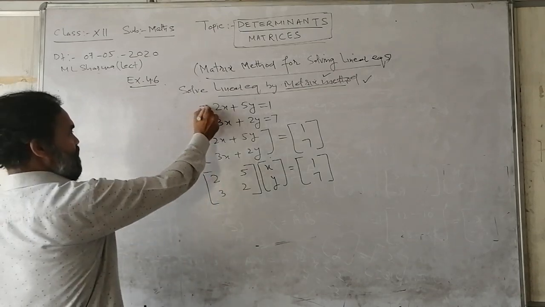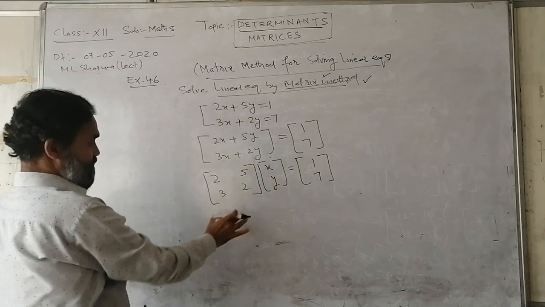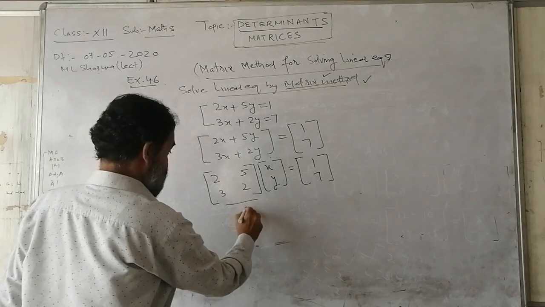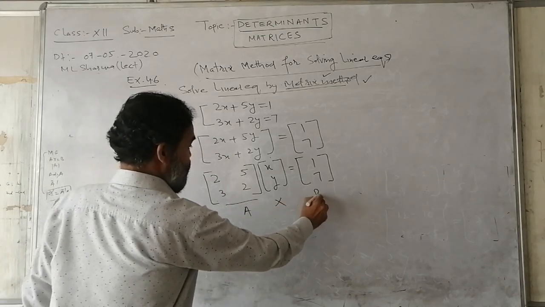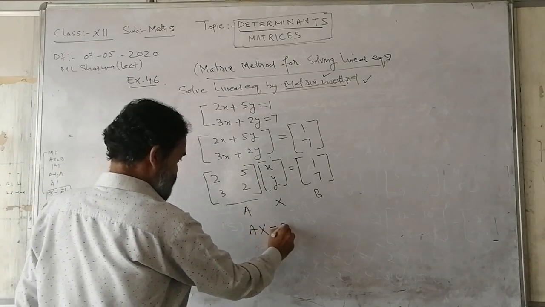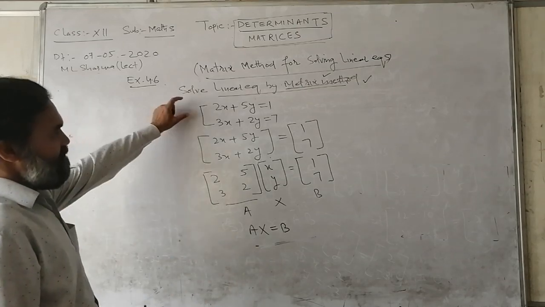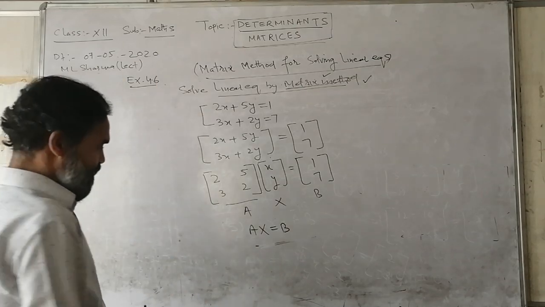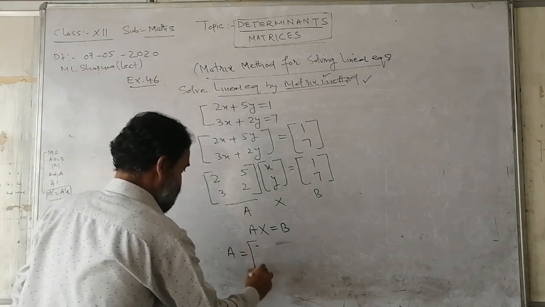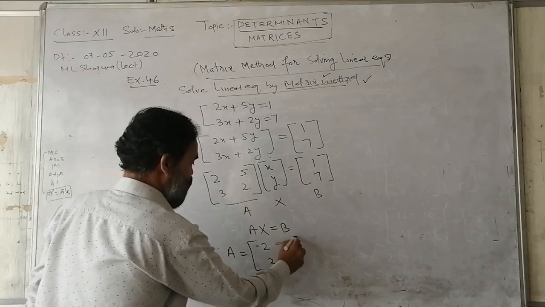The linear equations were in algebraic form, and I have written these two equations in matrix form. If I say this is A, this is X, this is B, then this equation is AX equal to B. So this is the matrix form of the equation, and this was the linear form. Here the value of matrix A is 2, 5, 3, 2.